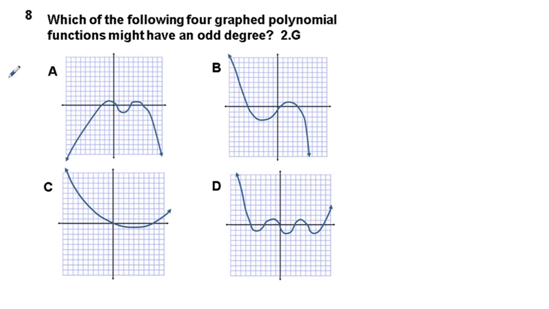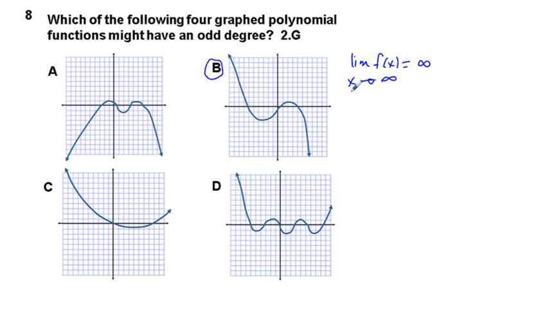Eight, which of the following graphs of polynomial functions might have an odd degree? Well, for an odd degree, you need to have the limit as x approaches infinity of f of x not equal the same thing. You have to have opposite signs. So in this case, B is the correct answer.